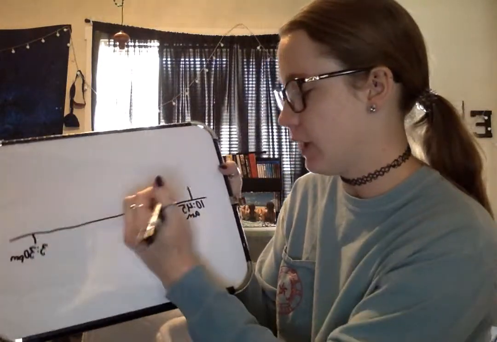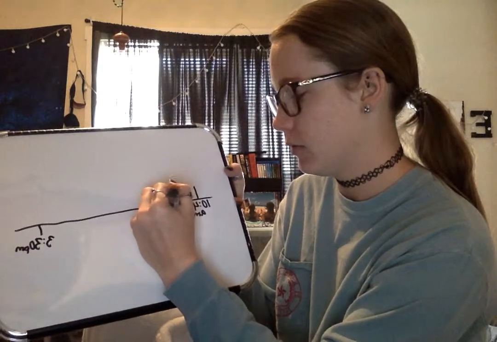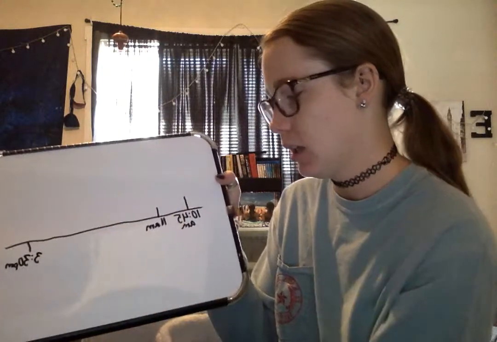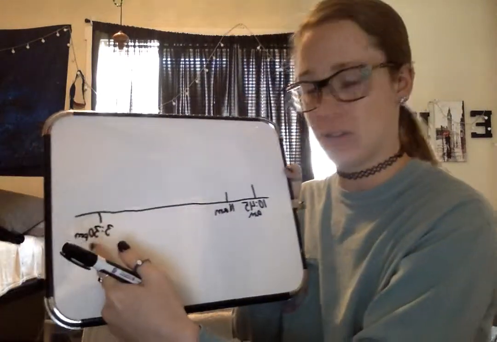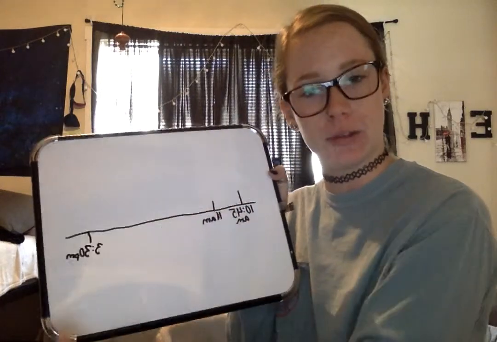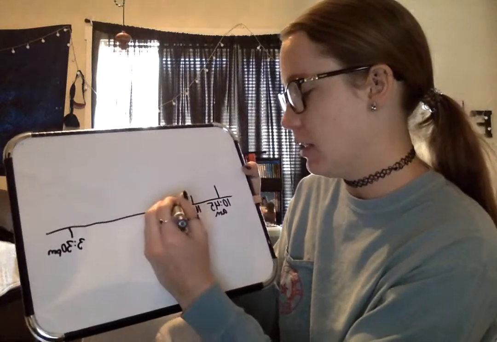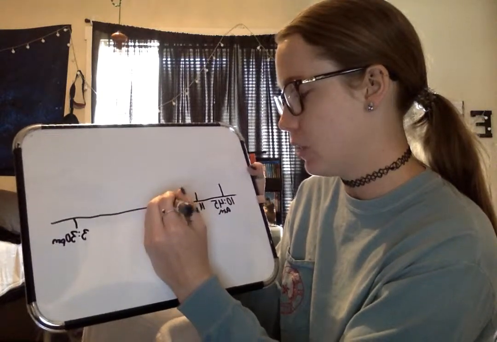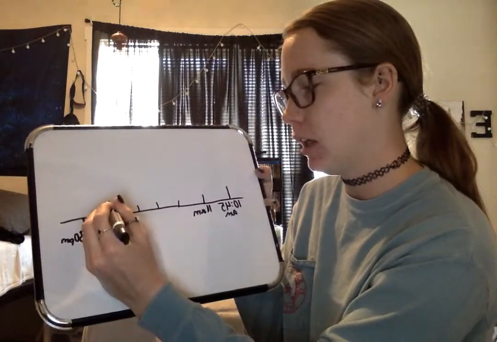So we have 10:45, and then we'll go to 11 a.m. And then we are going to count until we get to 3, because this is 3:30, and so we want to stop at the hour point before then, and then we'll count those extra 30 minutes. So we have 11 a.m., and then we'll go 12, 1, 2, and 3.